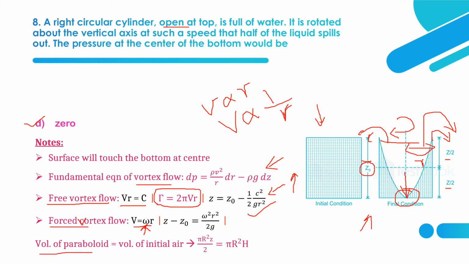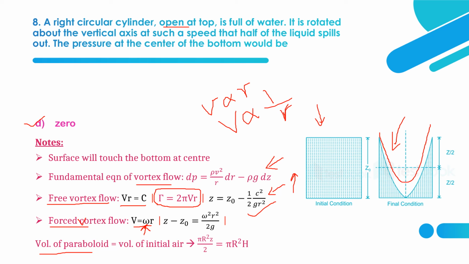And volume of paraboloid. So this is the paraboloid you can see here. Wait, I will erase all the things so that it will be clear. This is the paraboloid formed after rotating with some speed. So this is the volume of paraboloid that will be equal to the volume of initial air.